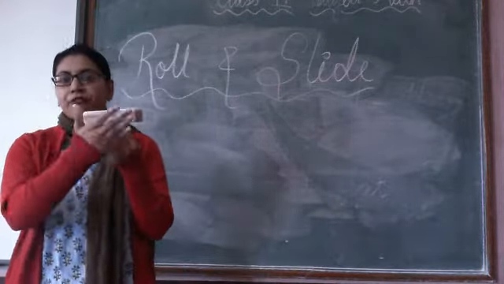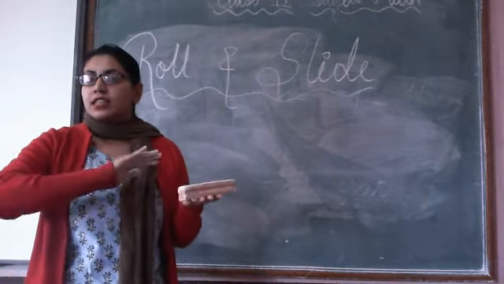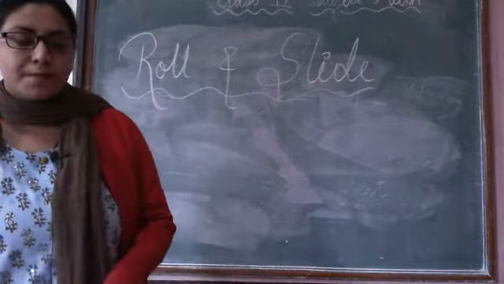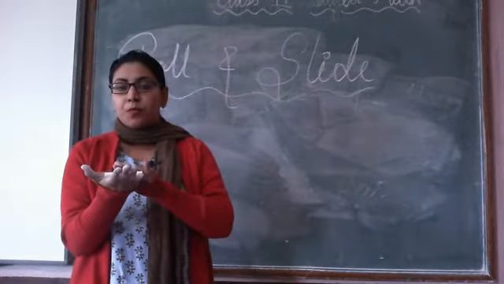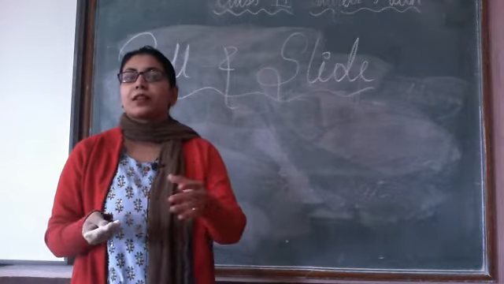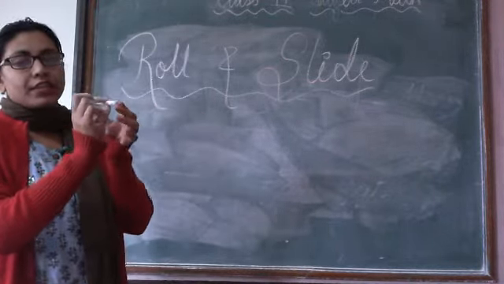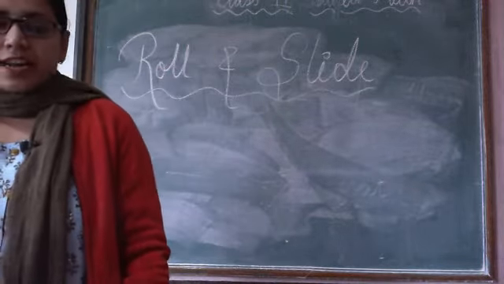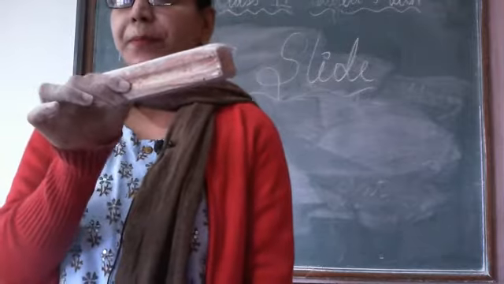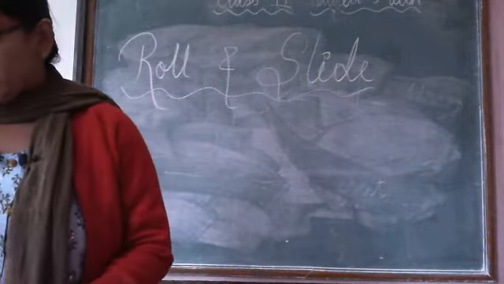The duster has flat surfaces. So if I push this duster, it will slide. And for example, this chalk. If I push this chalk, it will roll. So the objects which have a curved surface, like this chalk, will roll, and objects like the duster which have a flat surface will slide.